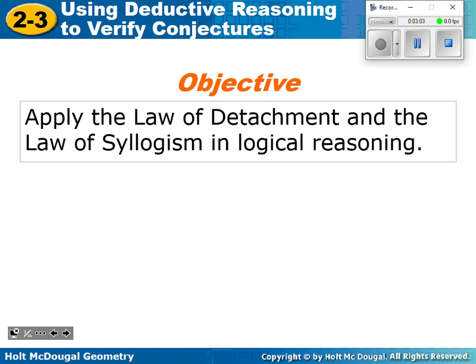All right, so last week we talked about 4 kinds of statements: a conditional, a converse, an inverse, and a contrapositive, right? Okay, and what does the converse do again? Very good. Switches the hypothesis and the conclusion.